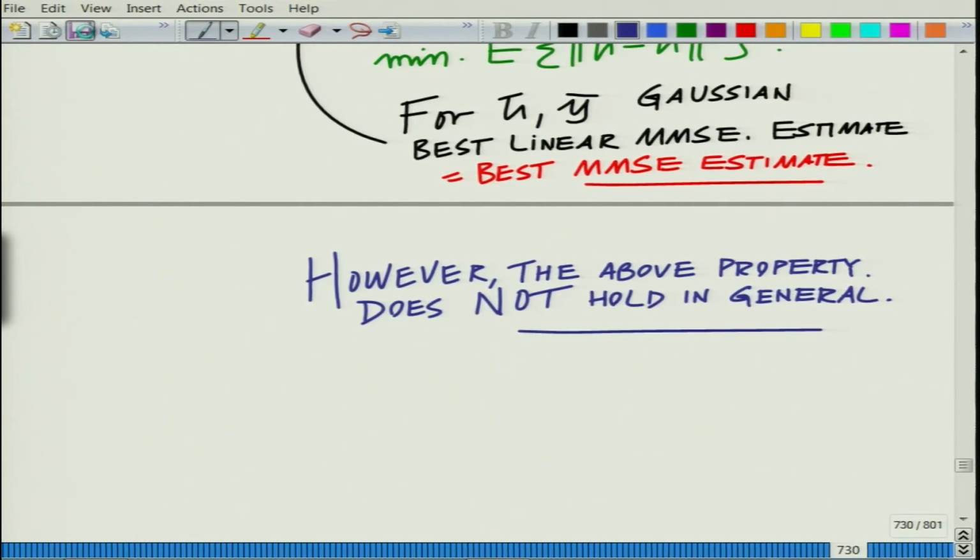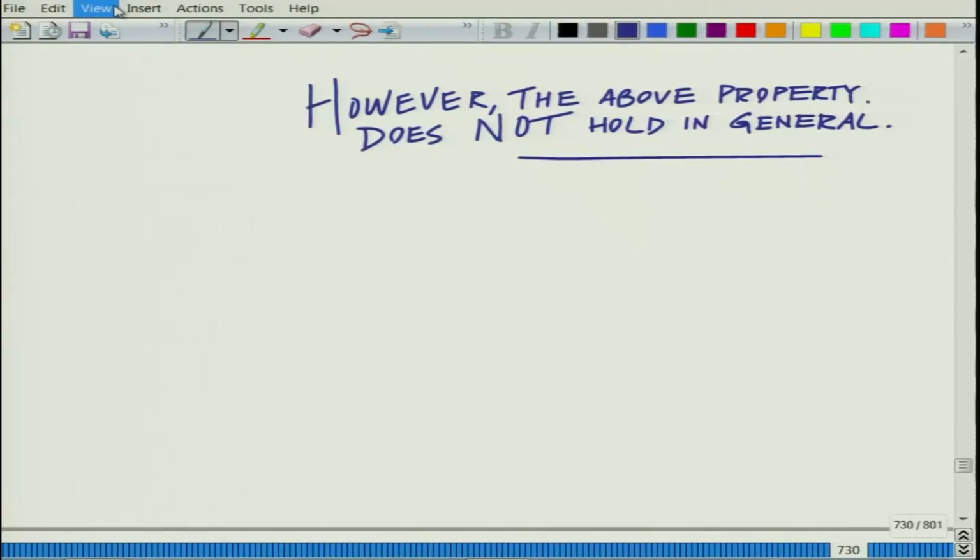This is something very important: the best LMMSE estimate need not be the best MMSE estimate. This only holds when it is Gaussian. All right, now let us consider what happens when you have non-zero mean.